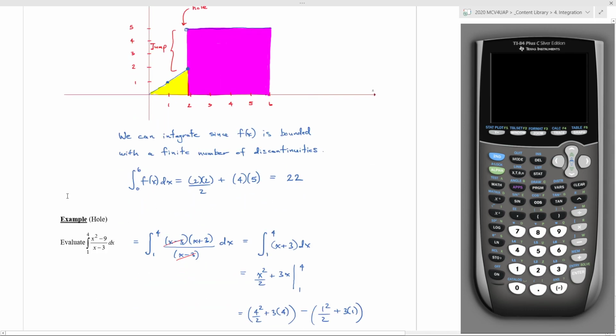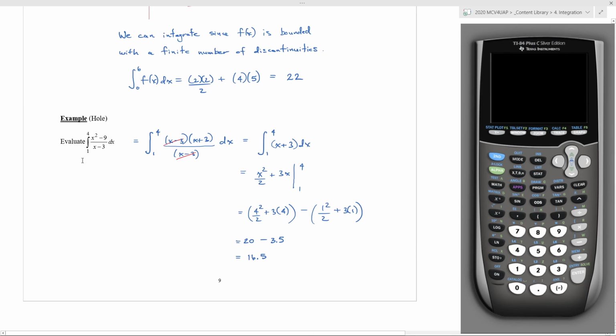This example here, the last one, is the integral from 1 to 4 of x squared minus 9 over x minus 3. If we factor the numerator, we see that this function has a hole at x equals 3, even though I didn't write that. Maybe I should write that. There is a hole at x equals 3.